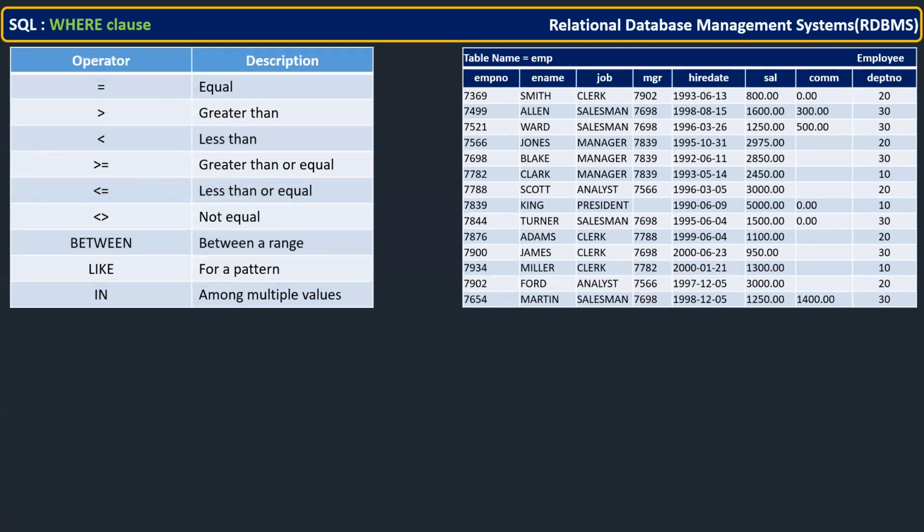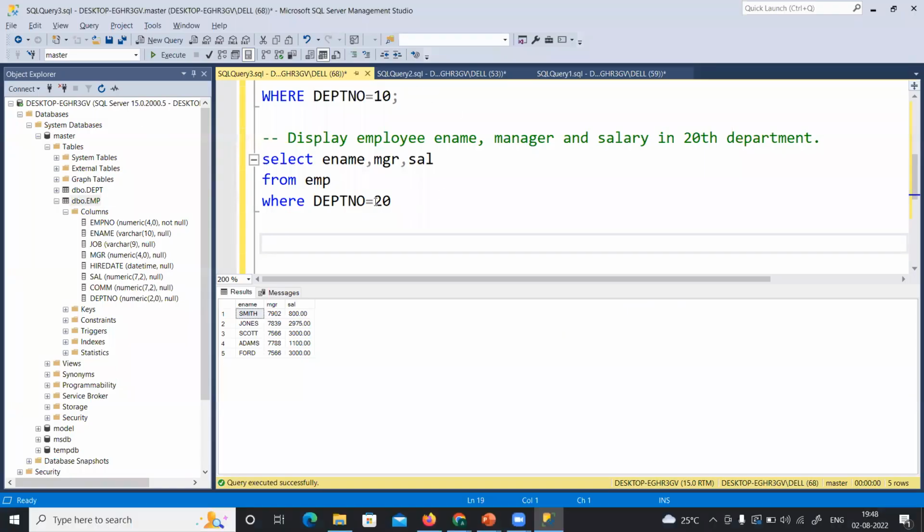We just used the equal operator. That means this is the operator we used in the query, right? Equal. Suppose we have a query select star from emp where, let us take only this.